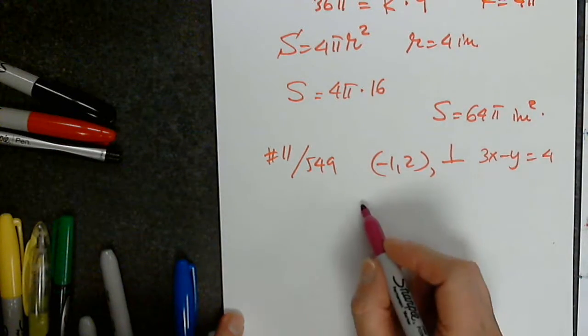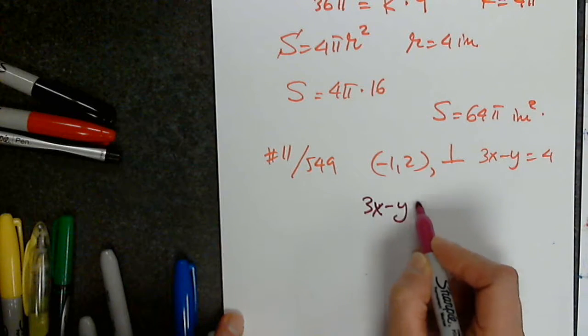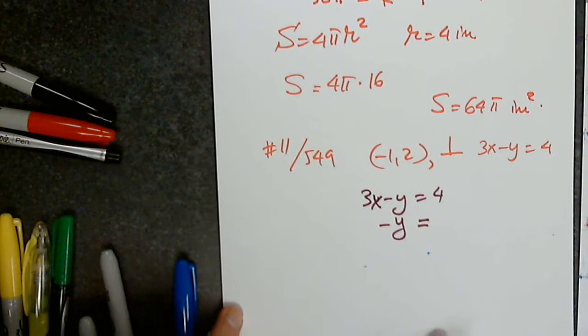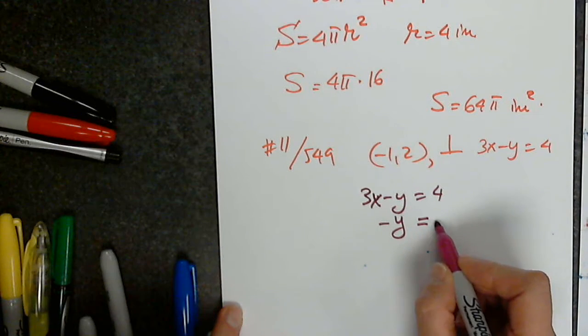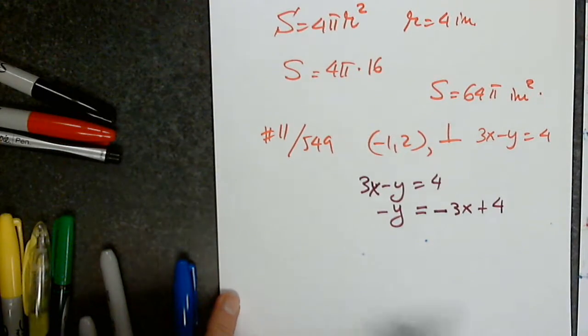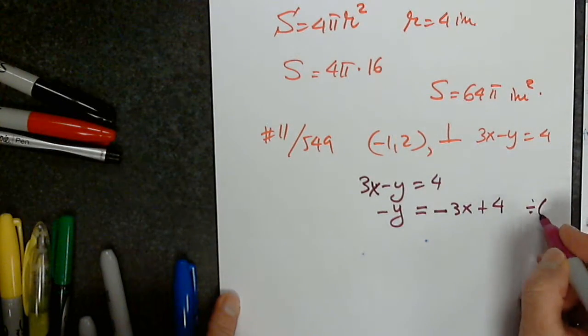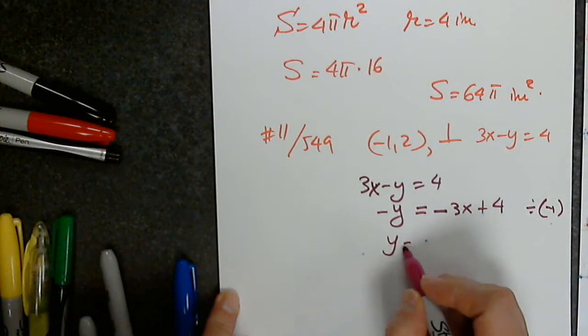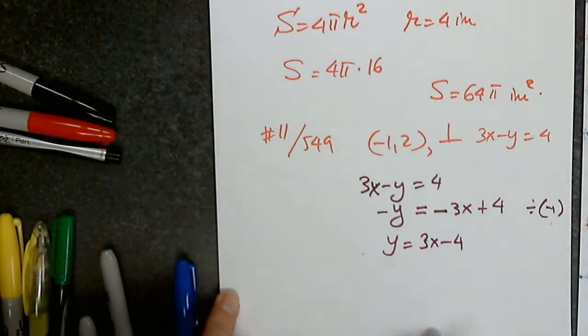So I have the equation 3x minus y equals 4. So negative y equals, plus 4. And I divide both sides by, or multiply, in this case it's the same thing, by negative 1. Excellent. So y equals 3x minus 4.